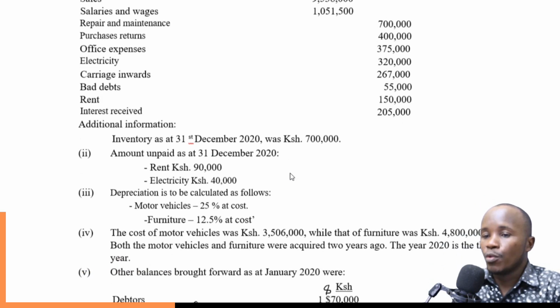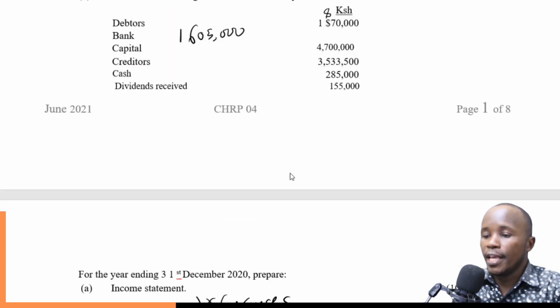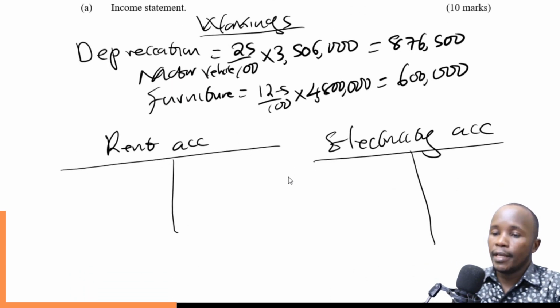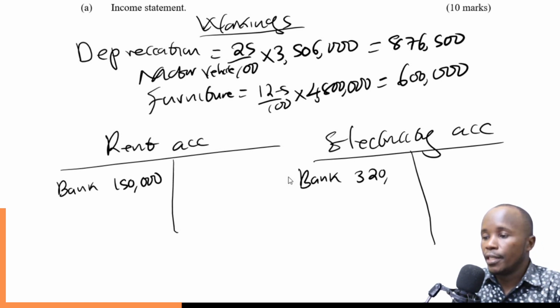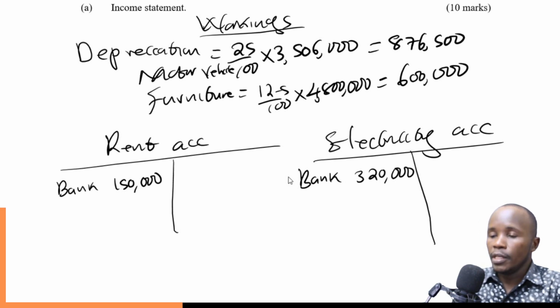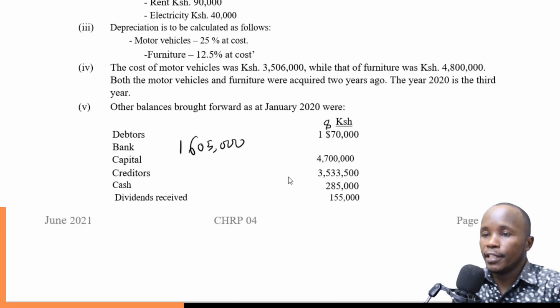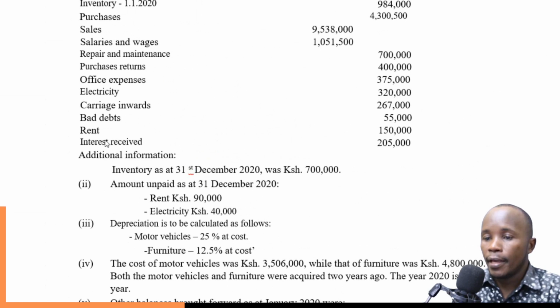These figures were paid with respect to bank. So in the accounts, you had bank that paid 150,000, and bank that paid 320,000, from the statement information provided.